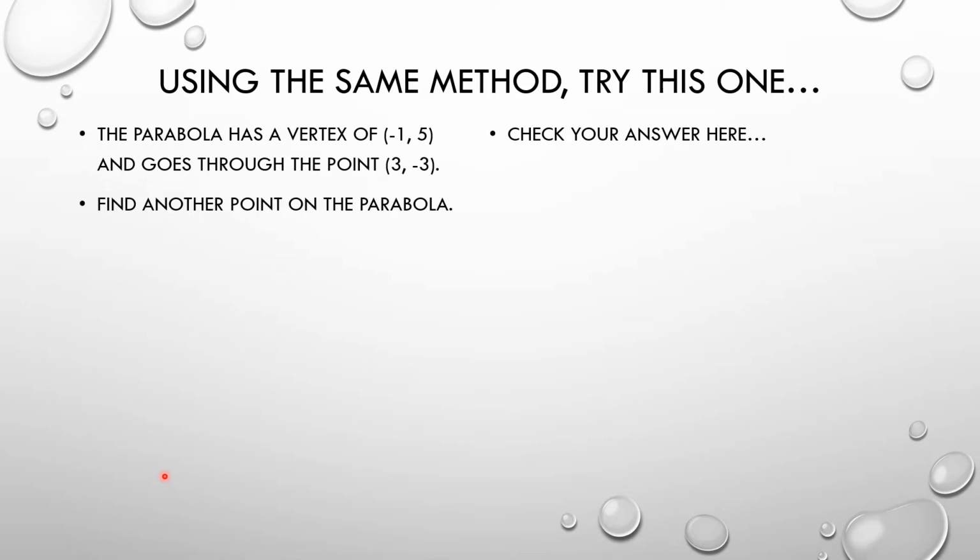So now that you've done it once, you're going to replicate the process with just some different numbers. Pause the video now and make sure that you have another point that is on your parabola. And you can check your answer here.